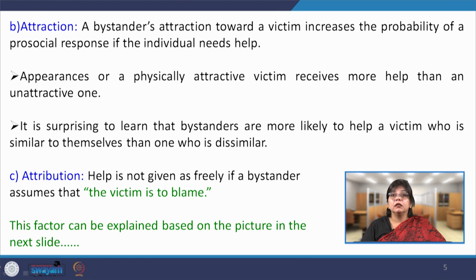For example, help is not given as freely if a bystander assumes that the victim is to be blamed. That means it is not only sympathy, not only empathy. Sometimes helping behavior does not come because of the bystander's attribution that it is the victim's blame or the victim's mistake that he has fallen into a state of emergency.